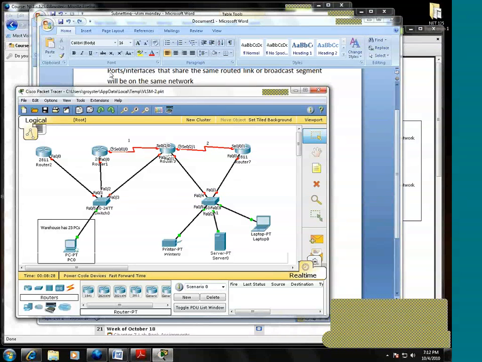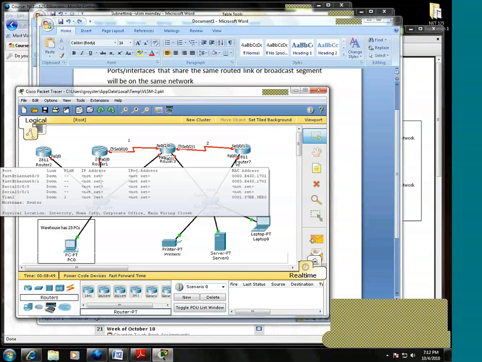Okay. Recall this statement: interfaces that share the same routed link or broadcast segment. Let me ask you this. If I were to go into this router and send a ping down this interface, where would that ping go? We're assuming that the ping is a broadcast.